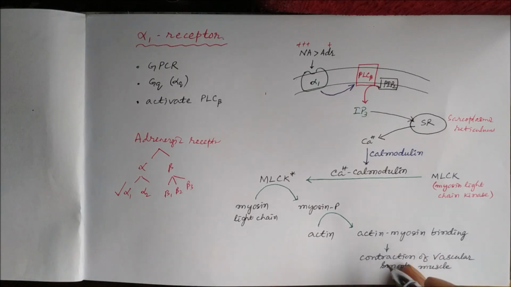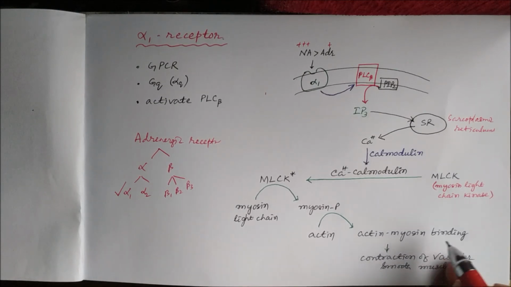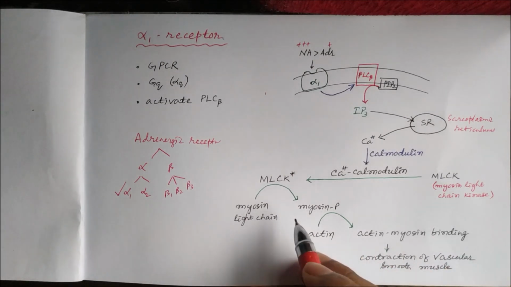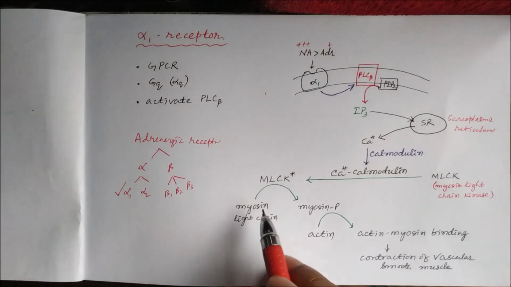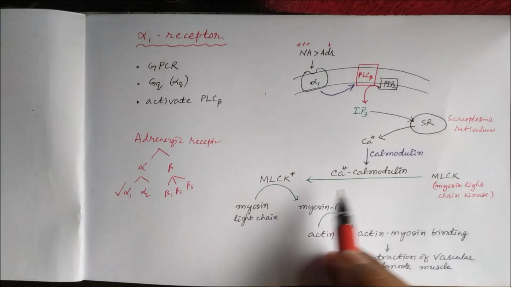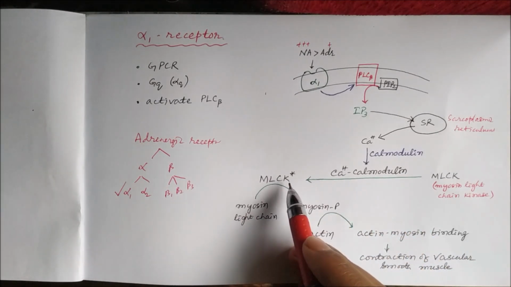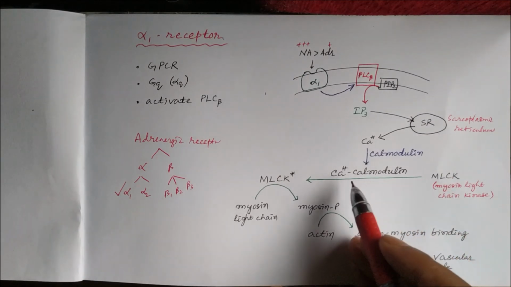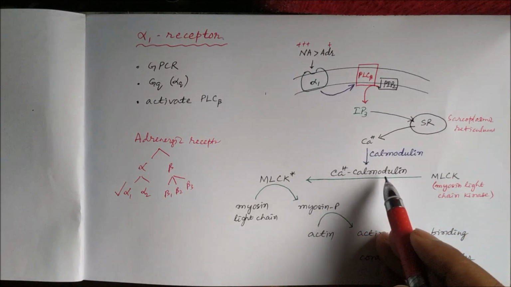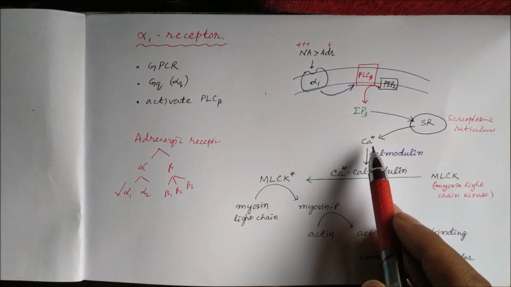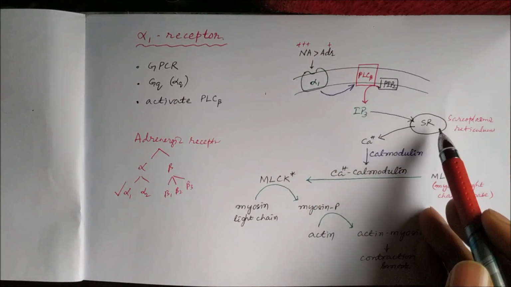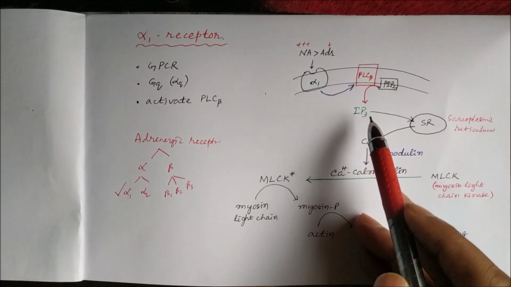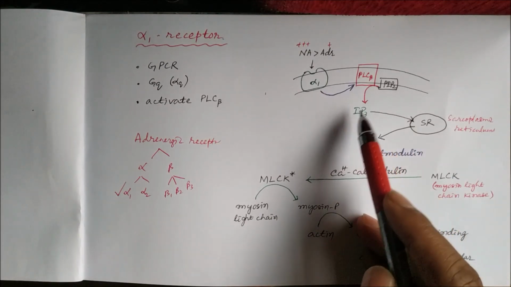These are the contractile proteins, actin and myosin. For actin myosin binding, phosphorylation of myosin light chain is required, and that is done by the active myosin light chain kinase, which is activated by the calcium calmodulin complex. So calcium is essential, and calcium is released from the sarcoplasmic reticulum stores by the action of IP3.